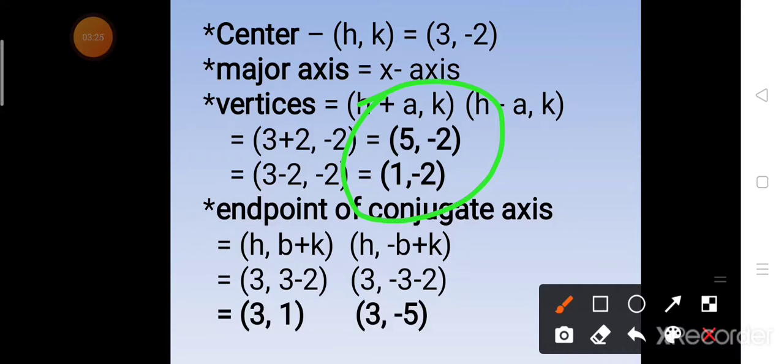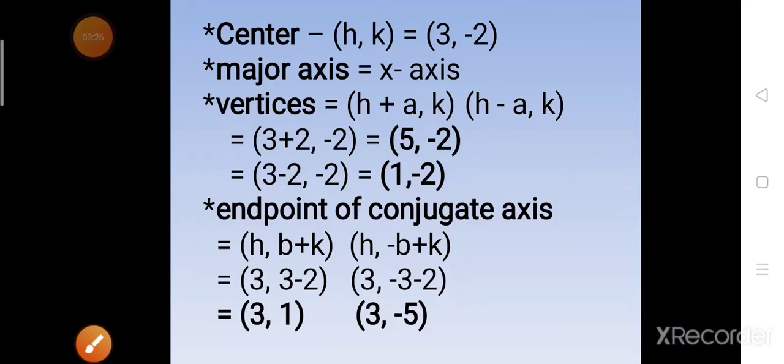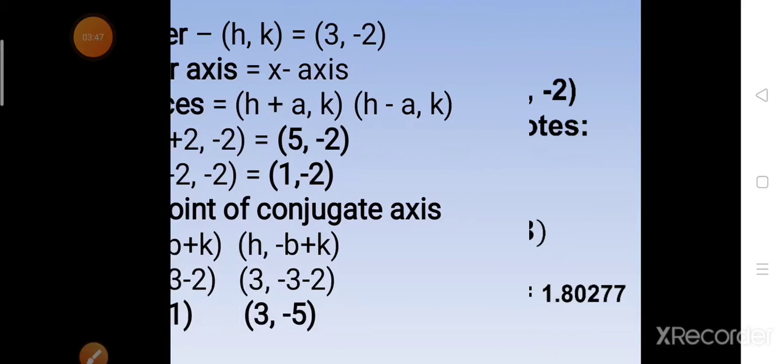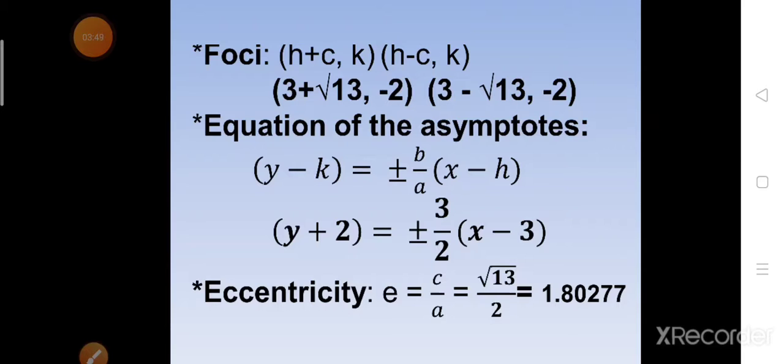Okay, proceed to the endpoints of the conjugate axis. The endpoints are (h, k plus b) and (h, k minus b). So we have (3, 1) and (3, negative 5). That is the value of our endpoints of the conjugate axis. Okay, foci.